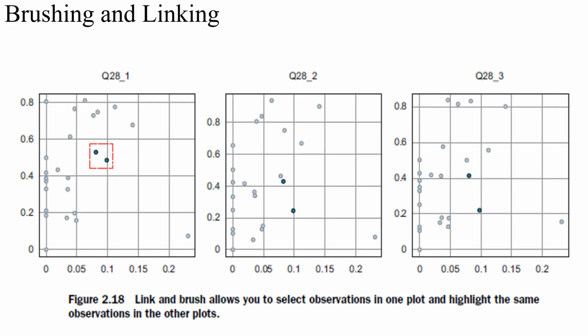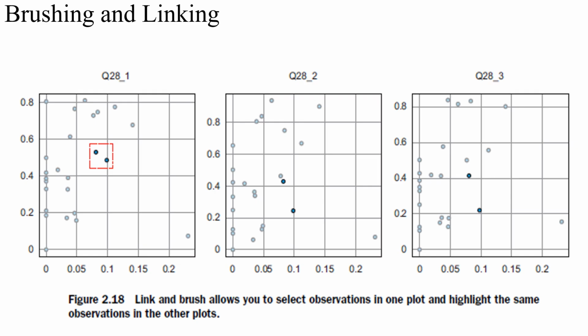Next one is brushing and linking. Brushing and linking means first we have to choose the data. For example, when this data is chosen, it is used as a brush. If you want to see, this is one data, this is another data, and you have to link them so both can be seen together. This data, already chosen as the standard one, has to be linked with the other data.